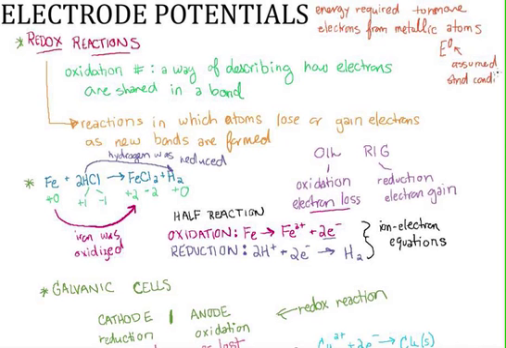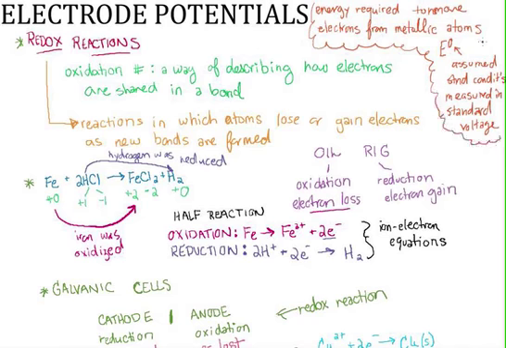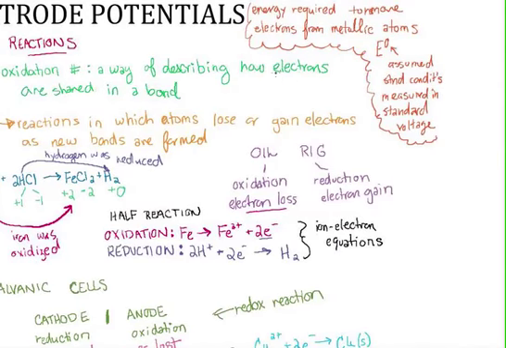So, 25 degrees Celsius, 1 molar, and this will be measured in standard voltage. So electrode potentials, essentially the energy that we would need to remove electrons from metallic atoms.